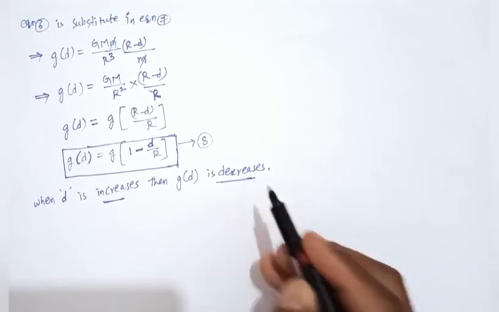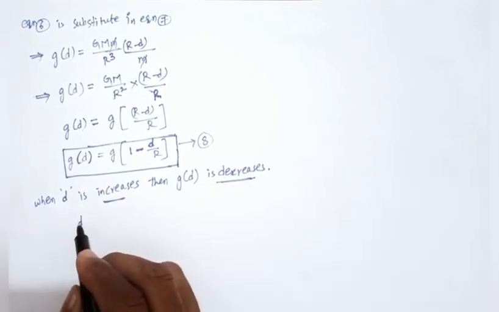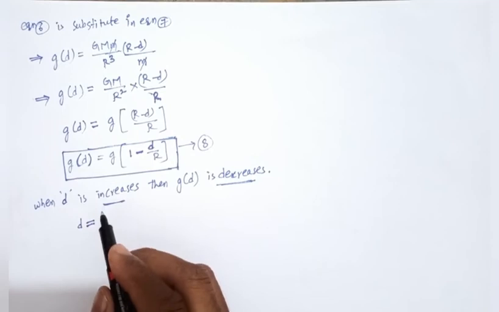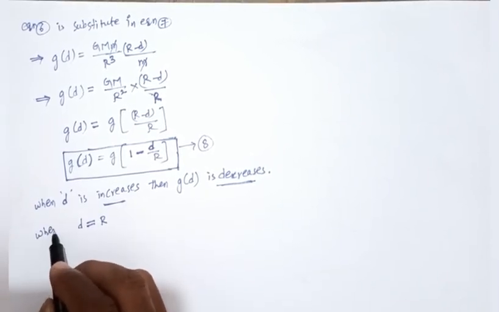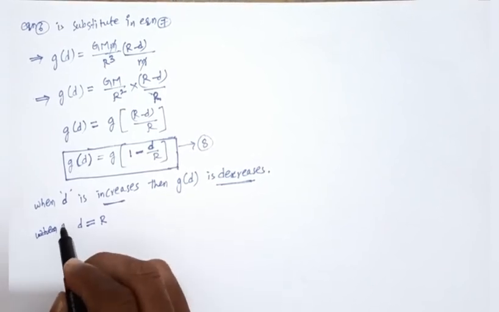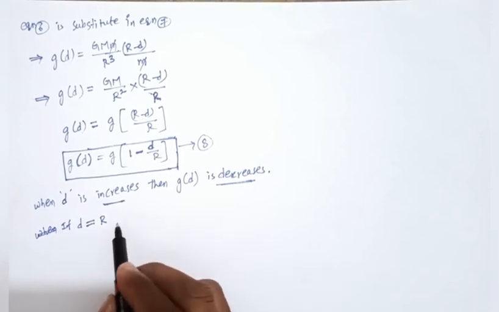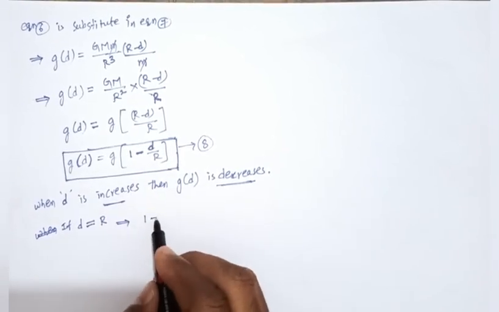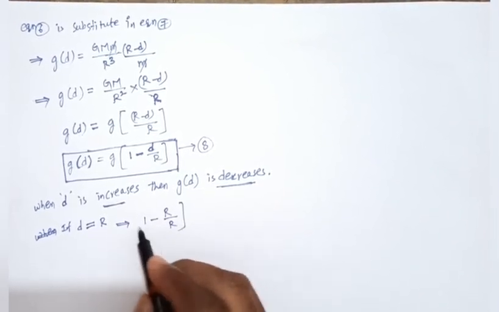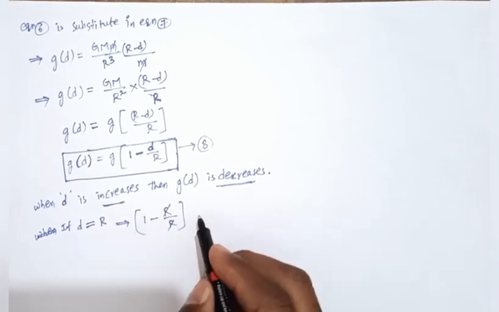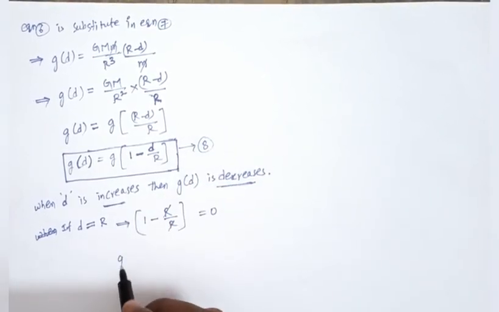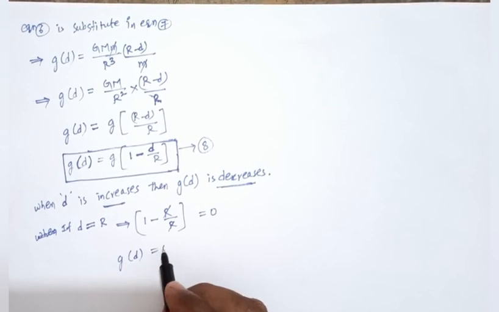For example, take the depth as the radius of the earth. If d equals R, what happens? 1 minus R by R, 1 minus 1 equals 0. So g of d equals 0.